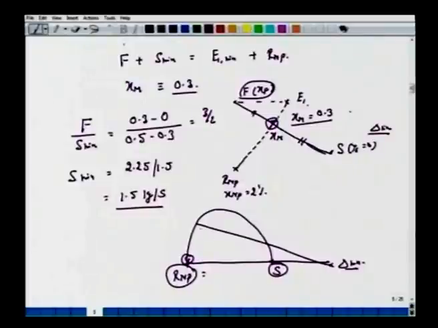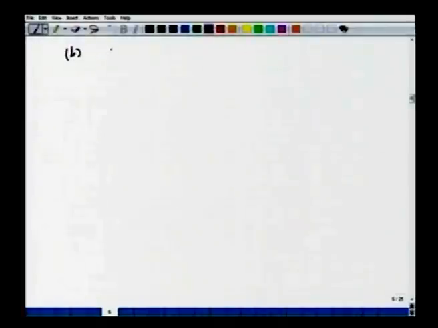So essentially we rely on this mixing rule again. We have the tie line which intersects the equilibrium phase at E1, connect this E1 to RNP to obtain this XM, and then we can apply the lever rule again between F and S to obtain this 1.5 kg per second.